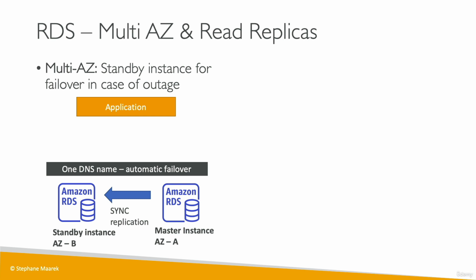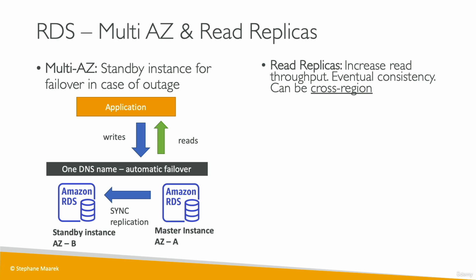That means your standby database is never accessed by your application, only your master database is, and there will be reads and writes happening solely on the master instance. So here, multi-AZ is really for recovery in case of outage. It's a backup database, a standby database, but our application never uses it.